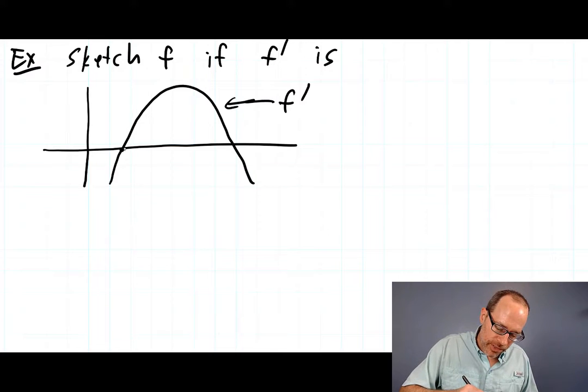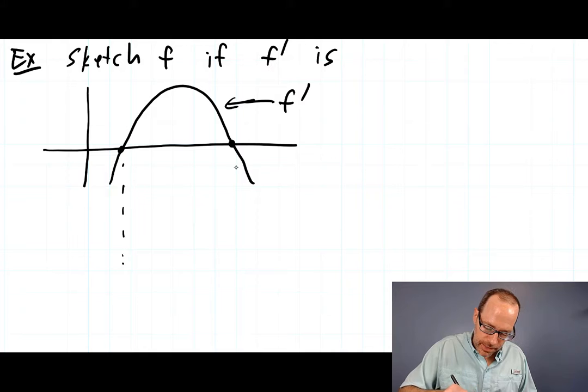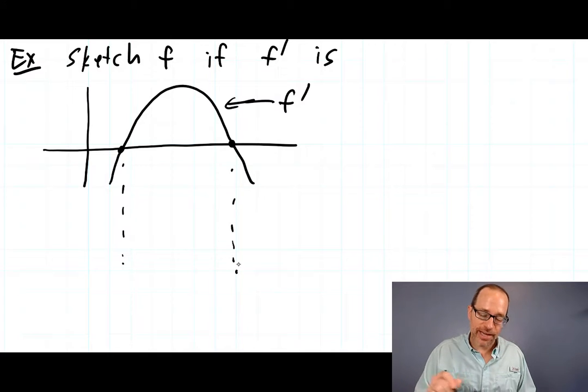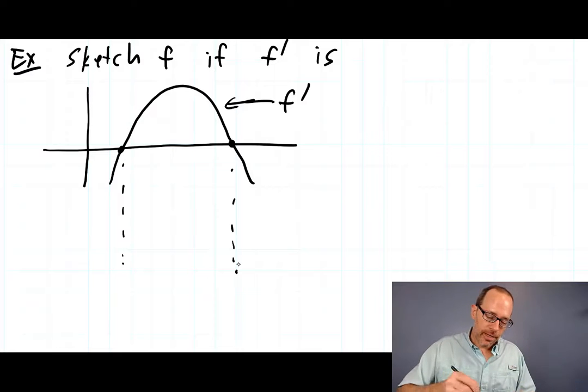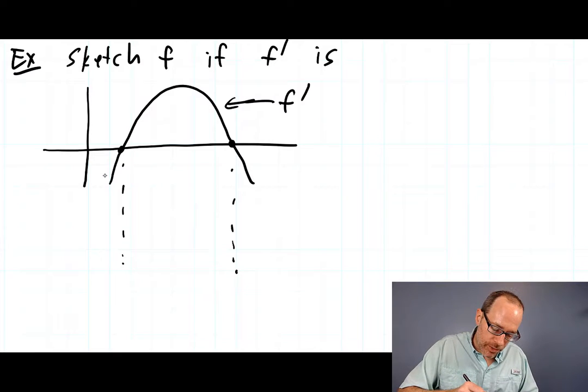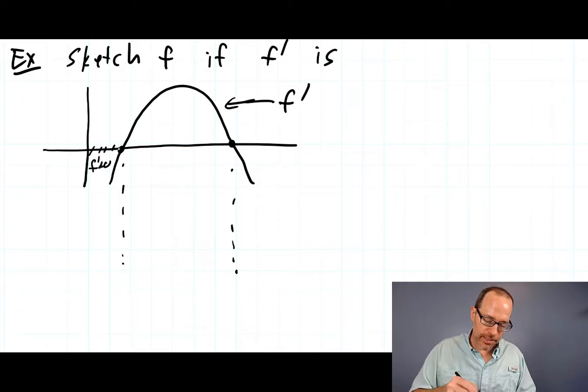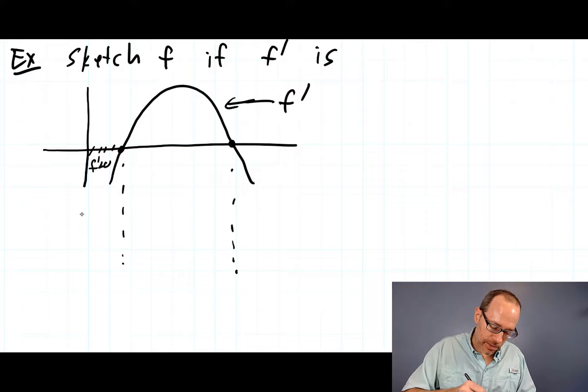Well, I see the derivative is 0 in these places. So that means my function has to flatten out there. So my function will flatten out for a moment. I also see over here the derivative is negative in this region. So that means my function has to be going down.